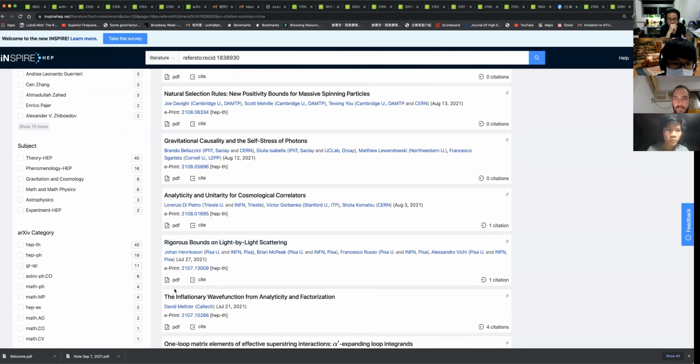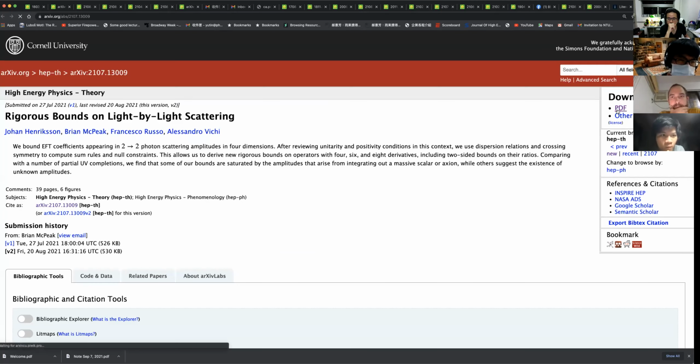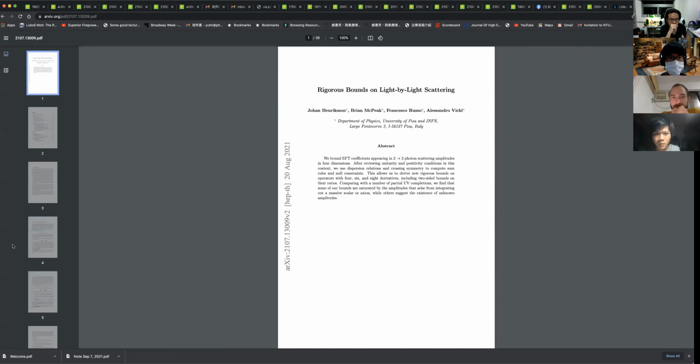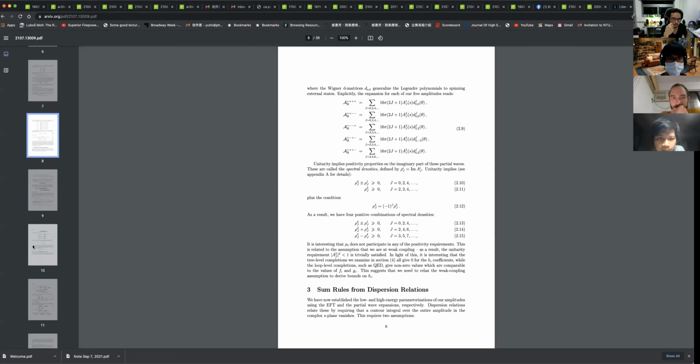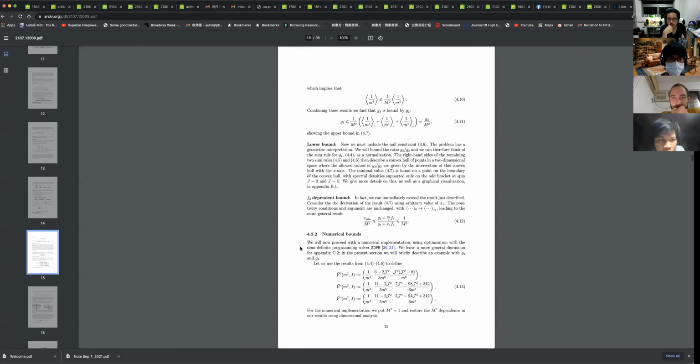Yeah, this one, rigorous bound on light-by-light scattering. I kind of feel like the shape that Hudson was showing me was a little bit like what they have in this paper. They're basically doing the same thing, but with Simone's, which is basically what you guys are doing.